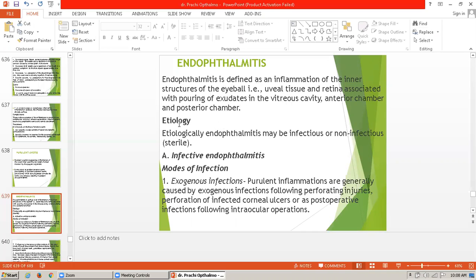This results in endophthalmitis, that is inflammation of the inner structure of the eye.